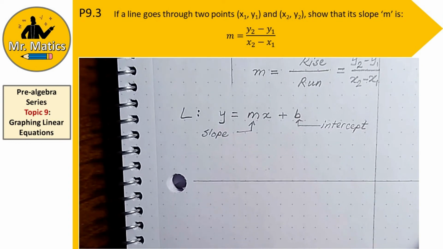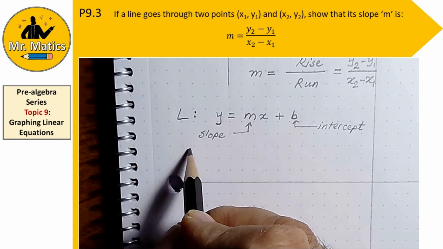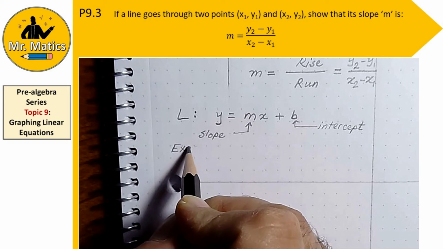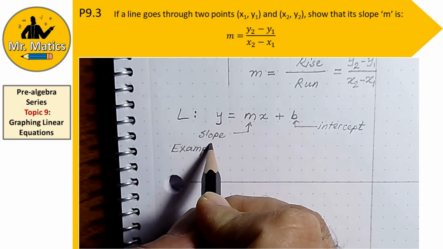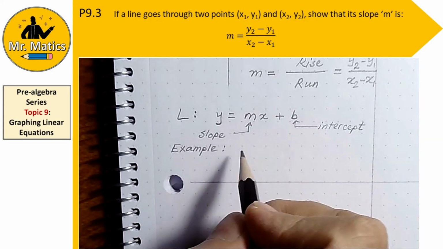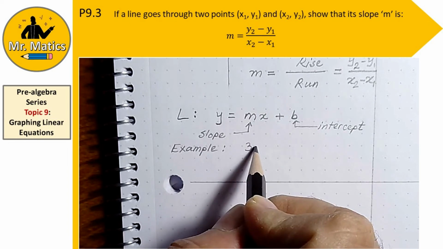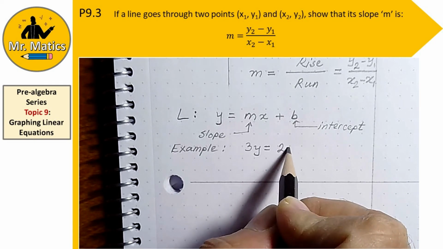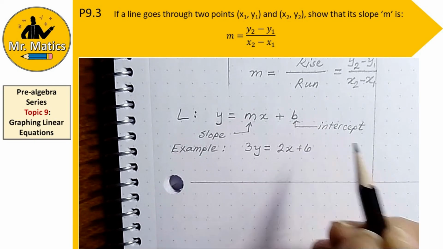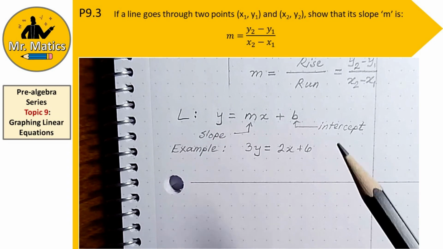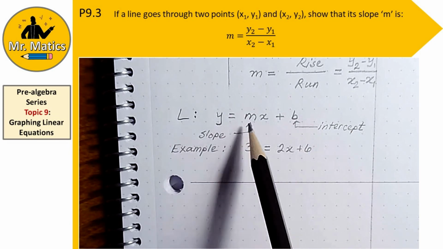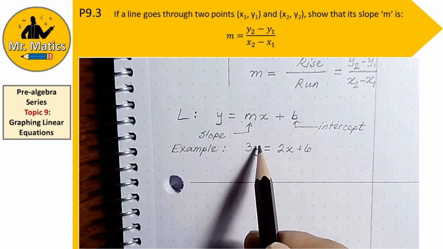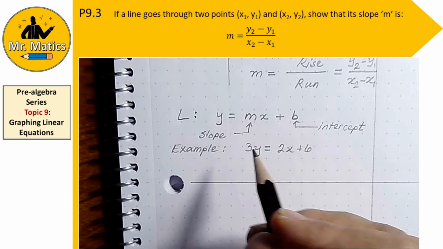Okay, let's do one example where the equation is 3y equals 2x plus 6. What we will do is, in order to write it in the form y equals mx plus b, we will divide both sides by 3, so that in front of y just 1 remains.